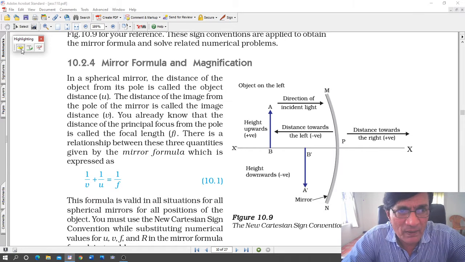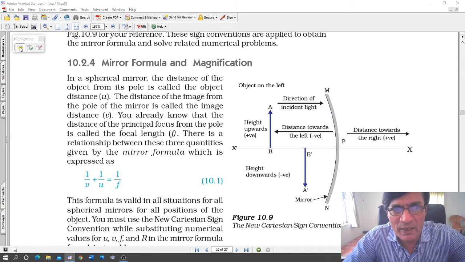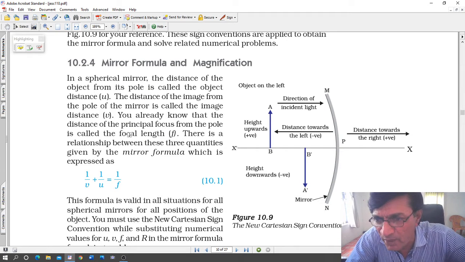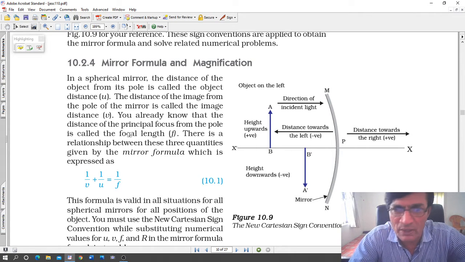So for example, if you want to measure this distance, then you must measure it from here, and not from anywhere else. Similarly, if the image is formed on this side, then the distance is measured from P on this side. In other words, it is very important that you understand where the object is and where the distance is. The distance of the object from the mirror is called object distance. The distance from the image to the mirror is called image distance.